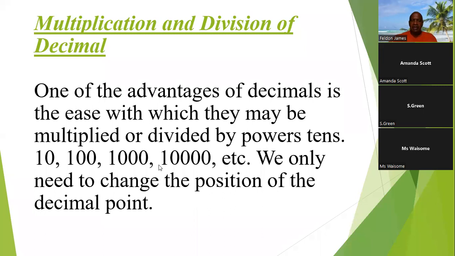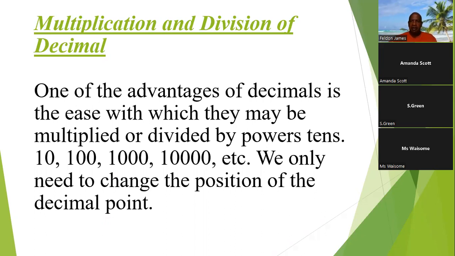Now, it means that when you use these numbers to multiply a decimal, it is done very easily, as well as if we are dividing a decimal by these numbers. Once we are multiplying by powers of 10, we're simply going to move the decimal point, right?